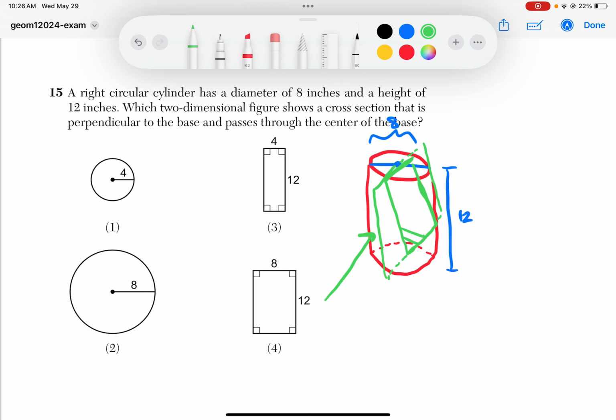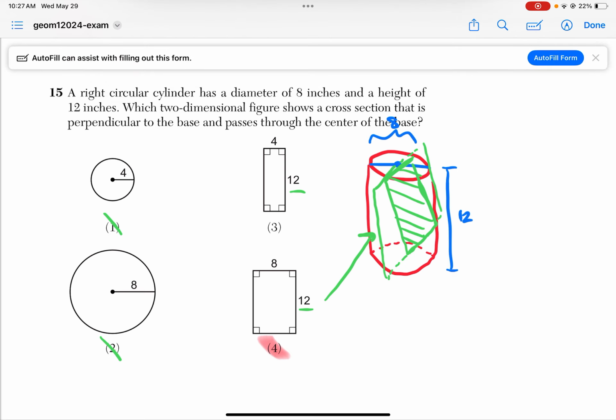So it looks like we're creating a rectangle of some sort, so it can't be 1 or 2. Okay. The rectangle has dimensions of what? Well, it's definitely 12 high, and since it's passing through the entire cylinder, right, it has a diameter of 8, so it must be 4. Right, thinking about the whole diameter of the circle being 8.